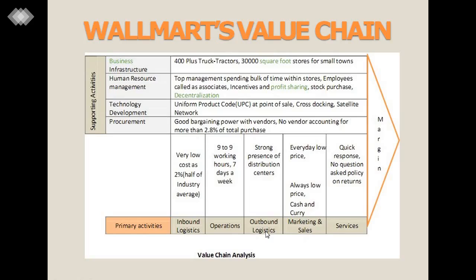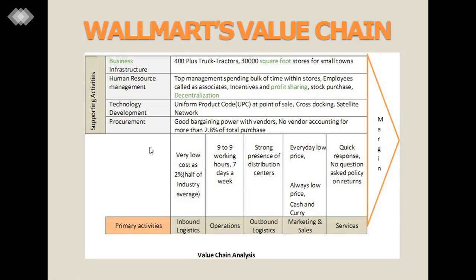So this is the second example, Walmart, which follows the value chain, and how this value chain analyzes the two different activities, that are supportive activities and primary activities. Supportive activities deal with business infrastructure, HRM, technology development and procurement, and primary activities deal with the Walmart value chain in inbound logistics, outbound logistics, operations, marketing and sales, and lastly services.